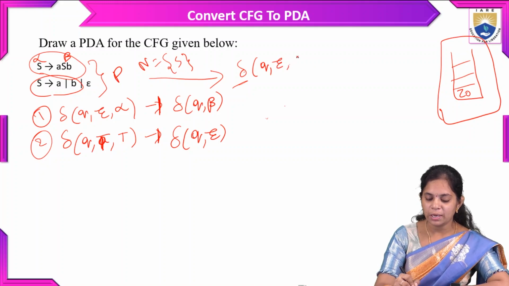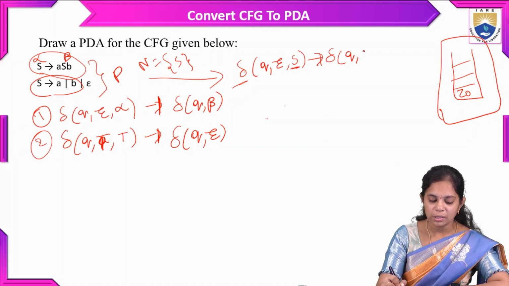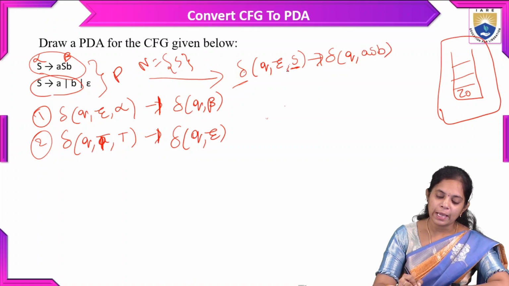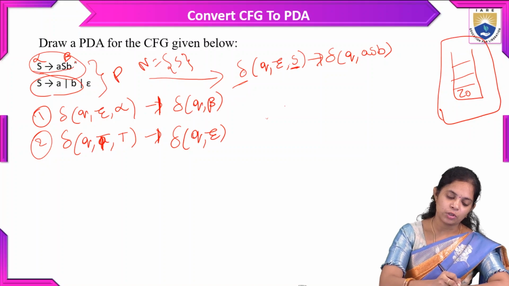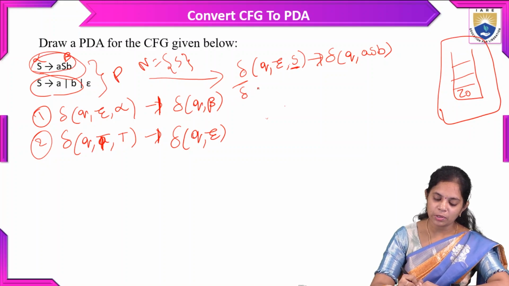The top of the stack symbol is S, we start with S, and when we replace this one, we get the value: transition of q comma S is substituted with beta. So beta is equal to ASB, and this is for the first production rule.